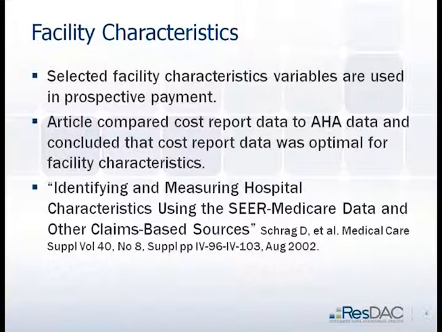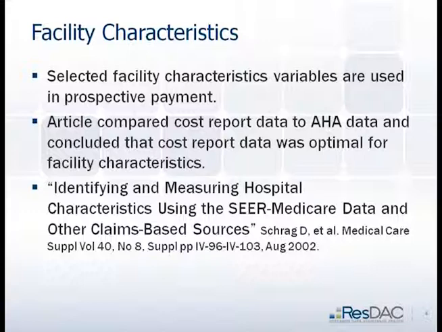There was a question in the morning about comparing cost report data to AHA data, and this is the article that I was thinking of, Identifying and Measuring Hospital Characteristics Using SEER Medicare Data and Other Claims-Based Sources. It was 2002 from Medical Care, and it did look at cost reports and AHA.